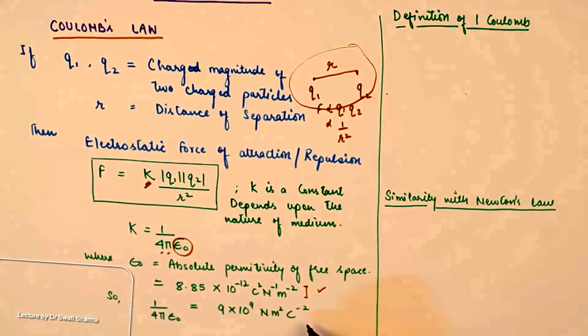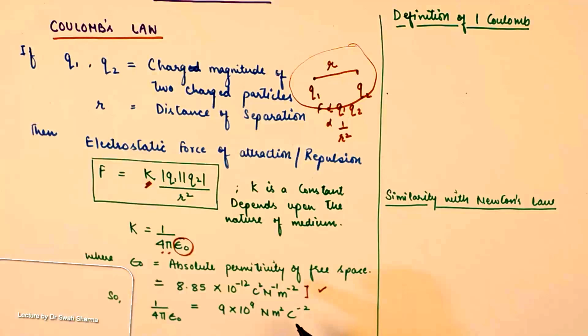That gives me the value of epsilon naught and also k, if the two charges separated by a distance r are placed in free space having the absolute permittivity equal to epsilon naught.